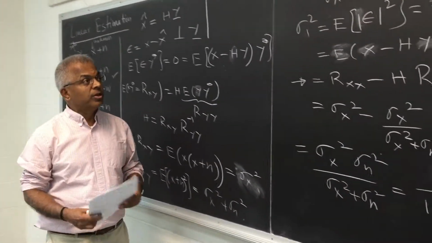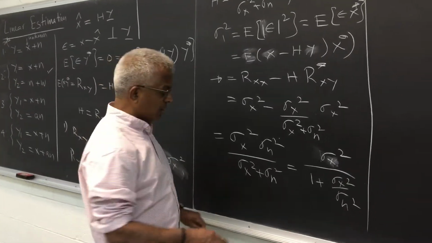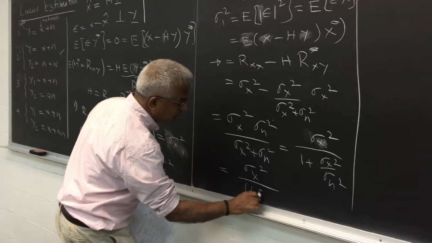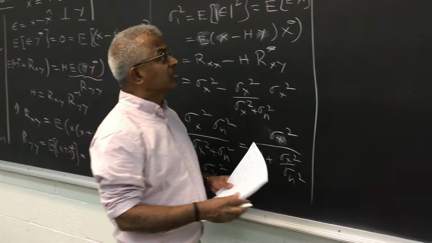So if you want, you can write this as sigma x squared over 1 plus SNR, etc.